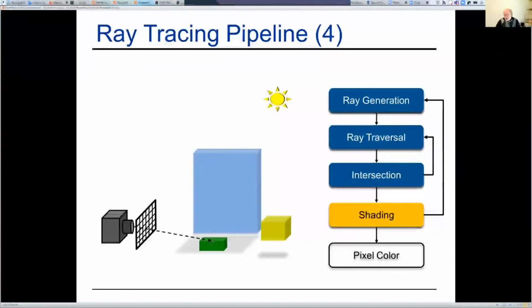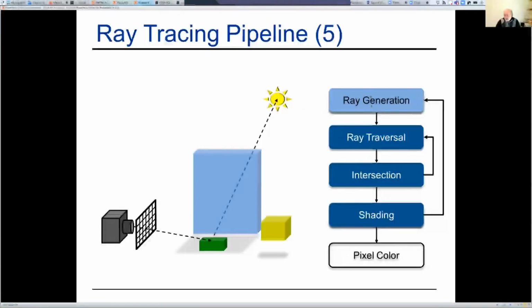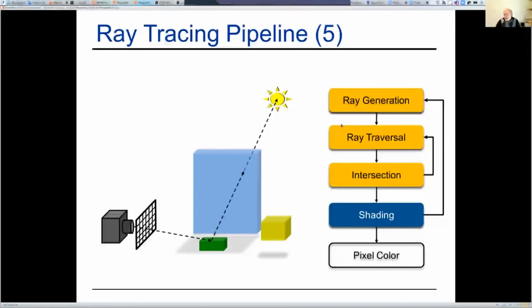So this is the shading process, right? So now we generate a new ray here towards the light source, and we do the same steps, right? We generate the ray, we traverse the ray. Maybe we do the intersection computations.